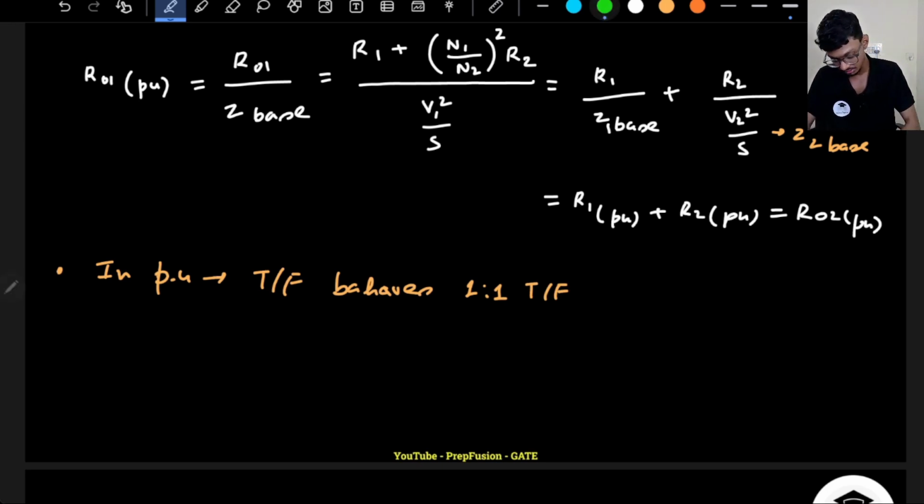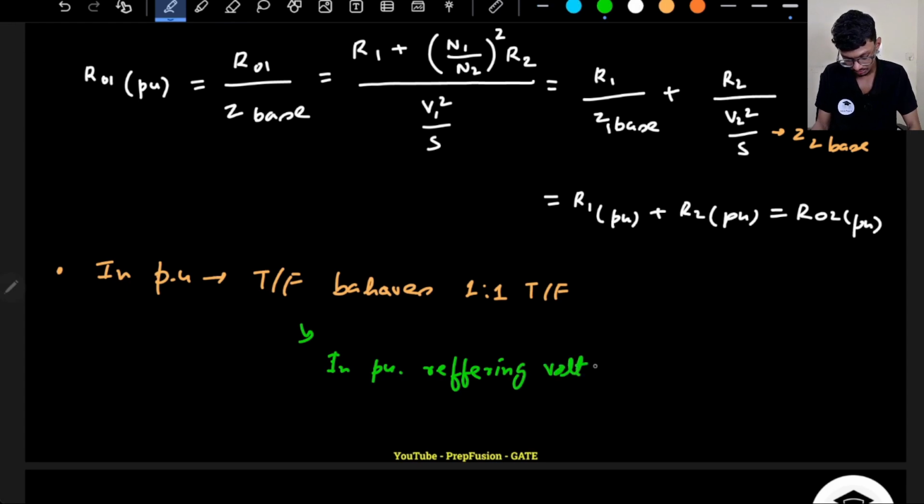That means basically it does not matter in per unit, referring voltage, current, impedance will remain same.